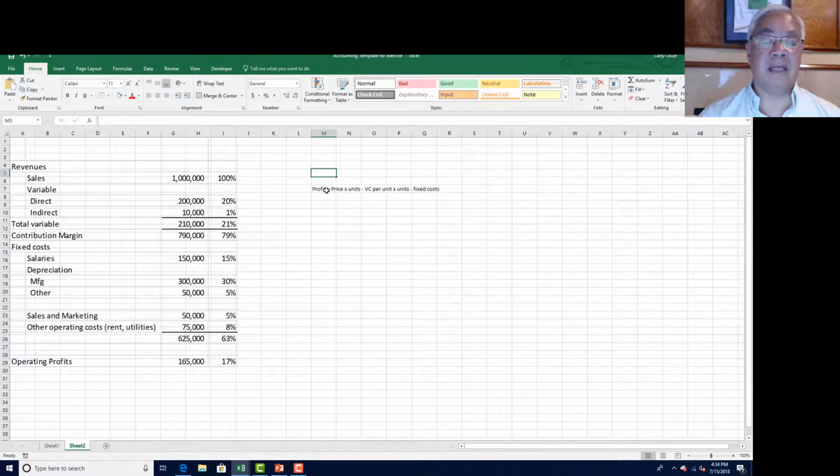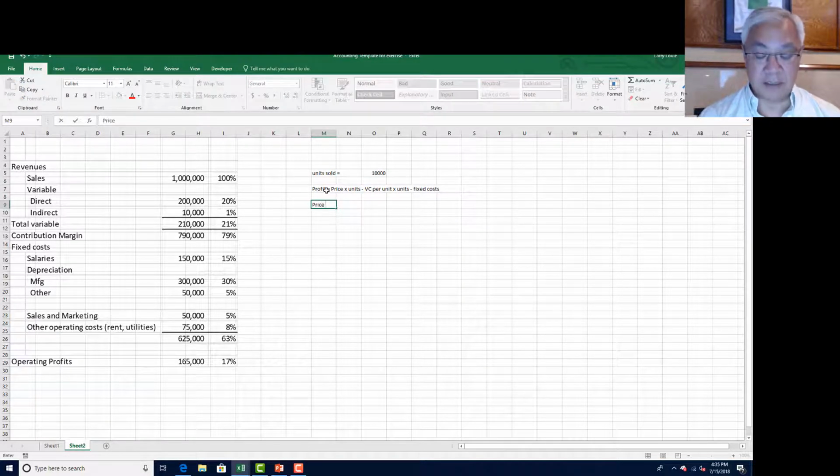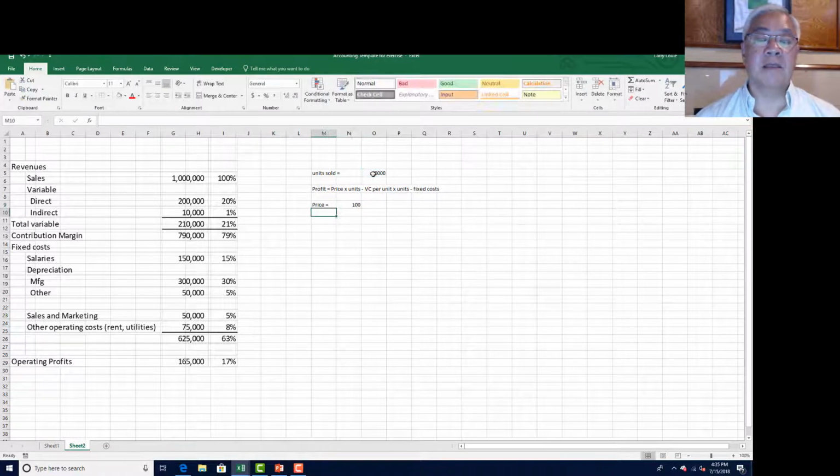Let's say we made 10,000 units sold. Because of that, we can figure out our price. Price equals a million divided by the units, so it's $100 per unit.